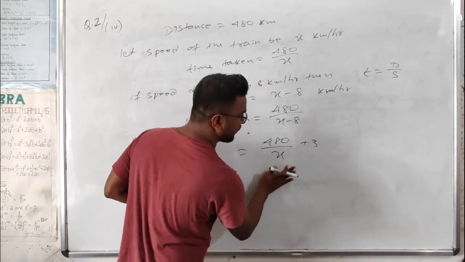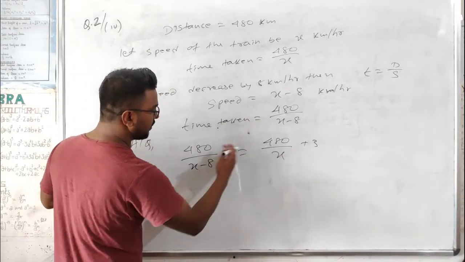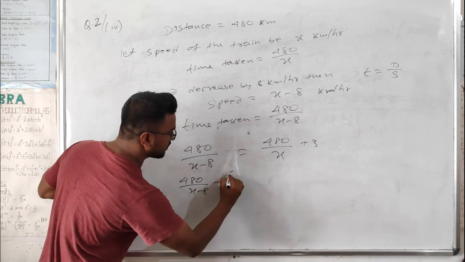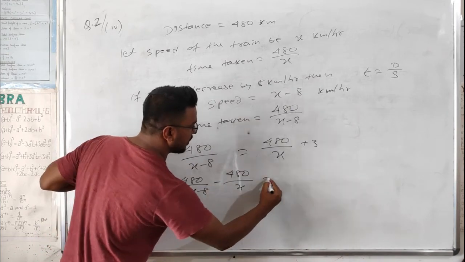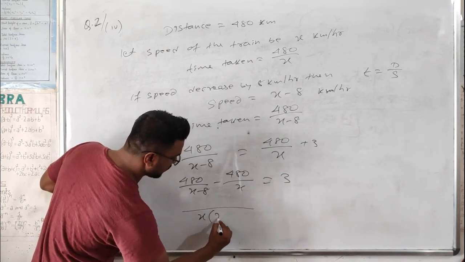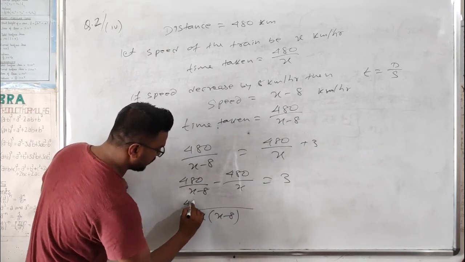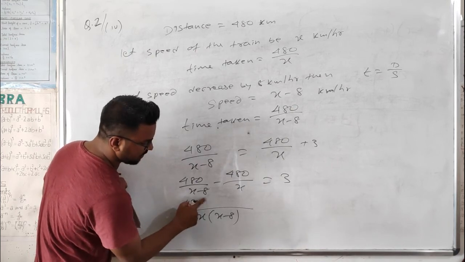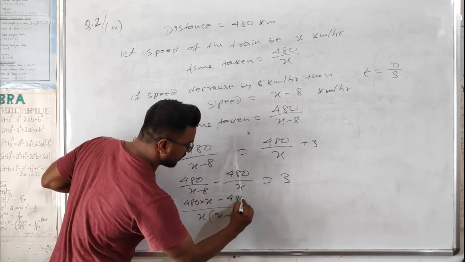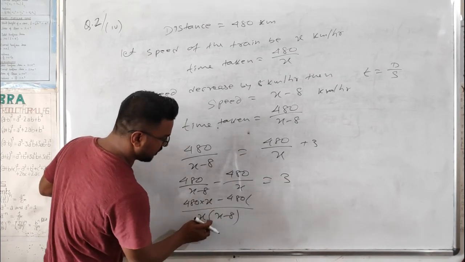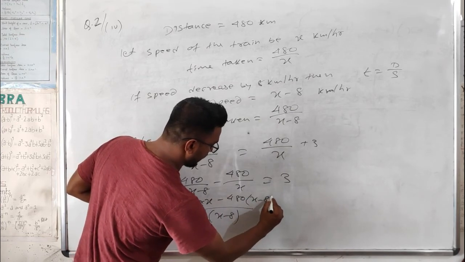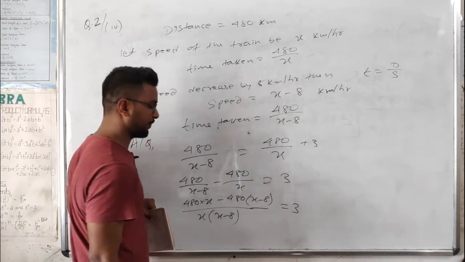Fine. So plus 3. Now if you bring it to the other side, it will be 480 by x minus 8 minus 480 by x equals 3. If you take the LCM, it will be x into x minus 8. So this will become 480 into x, if you cancel this one, what will be left? x. So you just multiply by x minus 480 into, if you cancel, you have to multiply by x minus 8, equals 3.